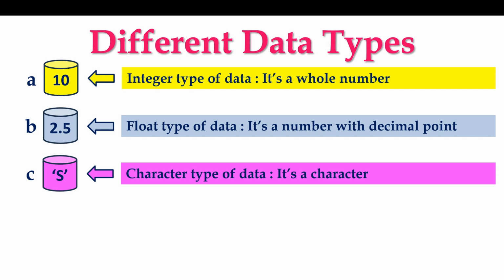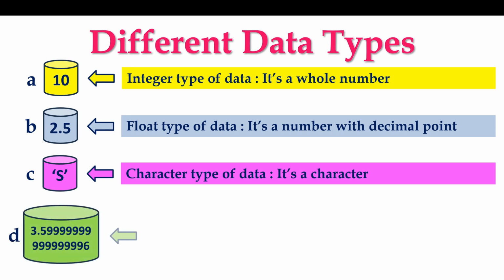C supports character type of data as well as numeric type of data. For example, you can see C is a variable which is holding a character S. This is character type of data.